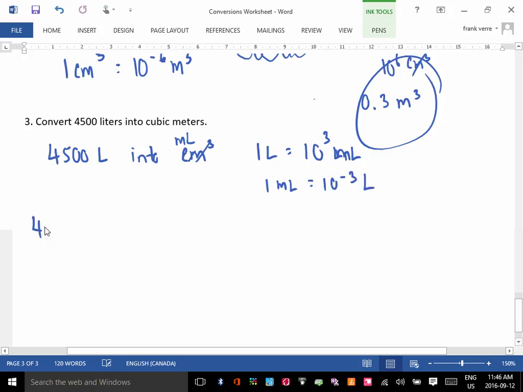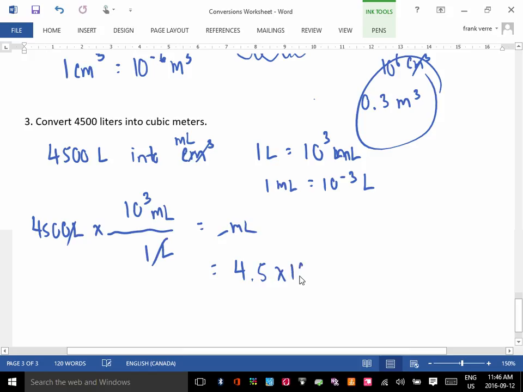Okay, so 4,500 liters. Let's get an answer in milliliters. So 1 liter is the same as 10 to the 3 milliliters, right? So liters will cancel out, and then our answer is 4.5 times 10 to the 6 milliliters.